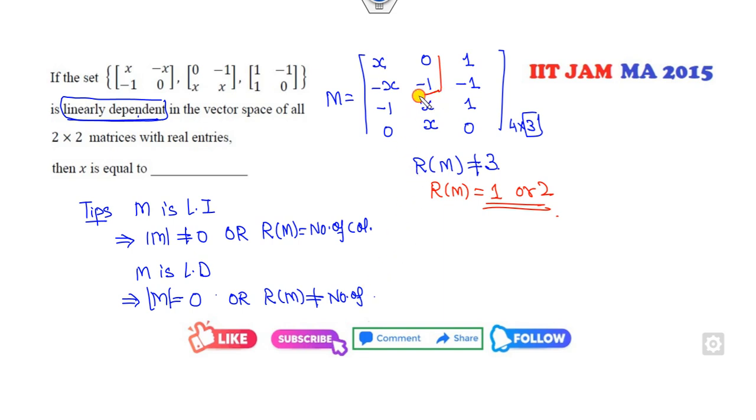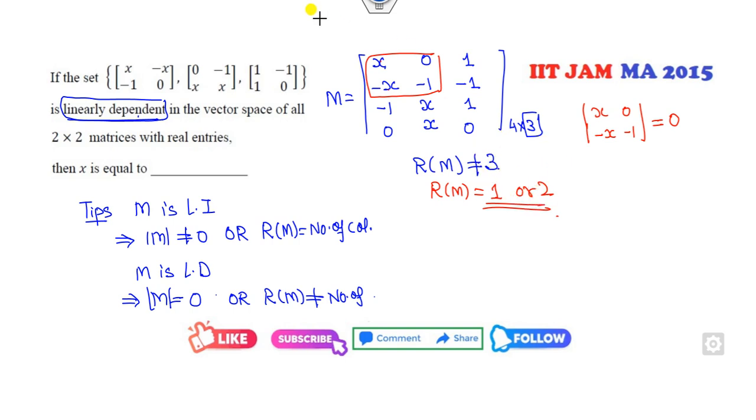If I take any 2 cross 2 and find the determinant, x will be 0. But if x is 0, then it is my LI, because I can find a 3 cross 3 matrix whose determinant will be non-zero.